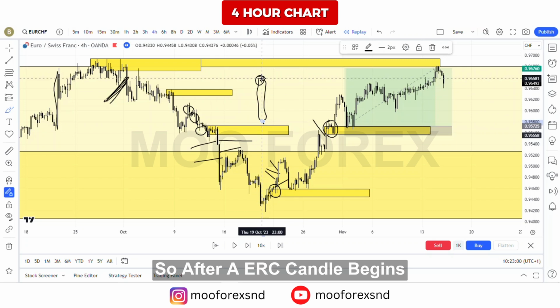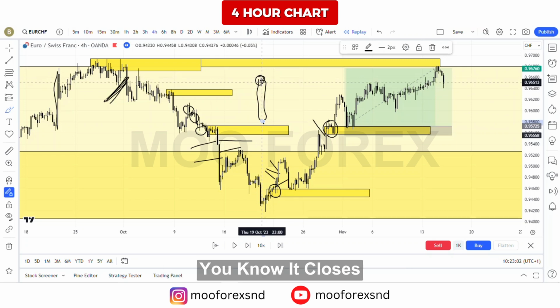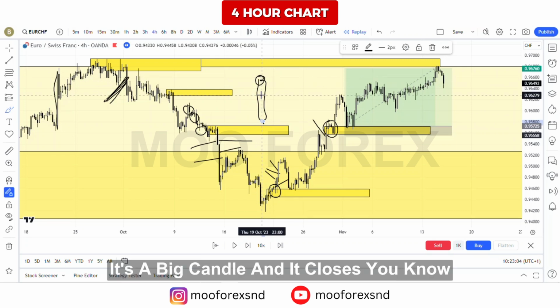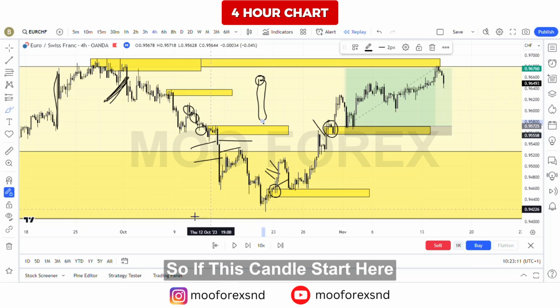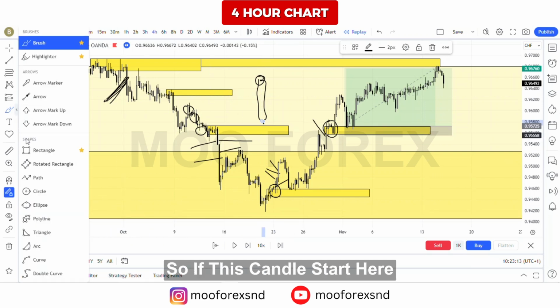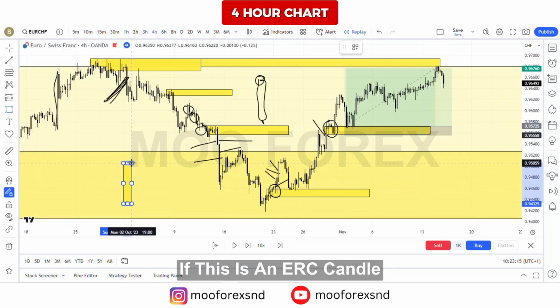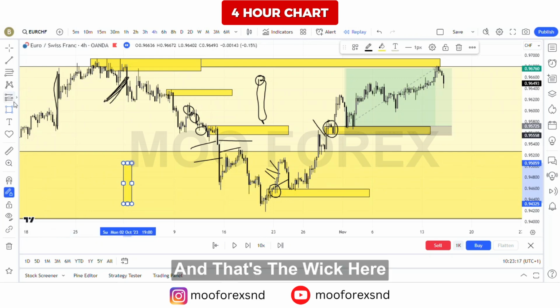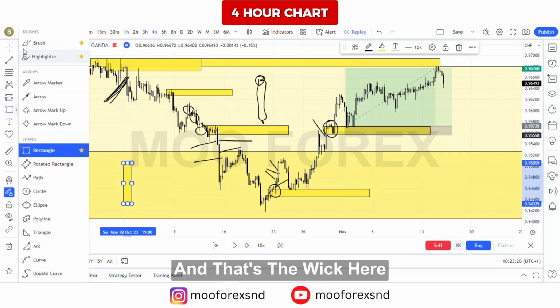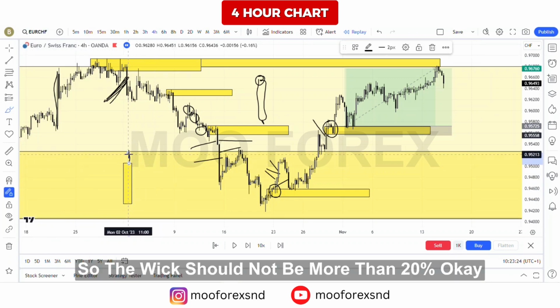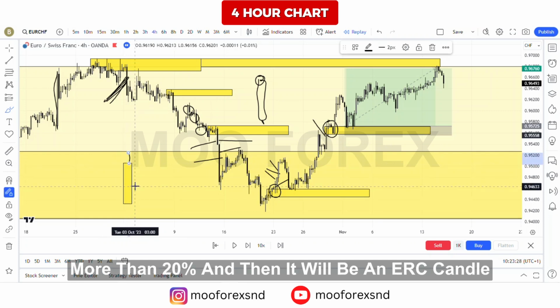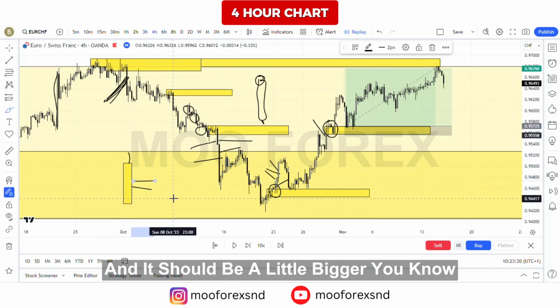After an ERC candle begins, it's a big candle and it closes around 80% of the high. If we have a wick here, the wick should not be more than 20%. Then it will be an ERC candle, and it should be a little bigger.